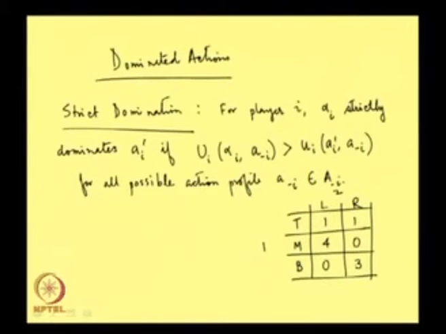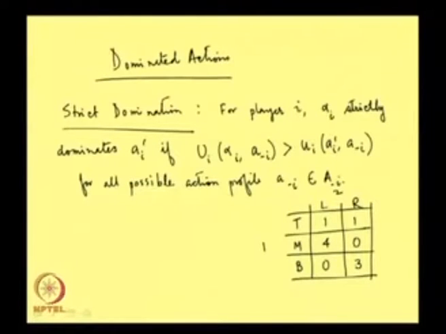Now, if we apply the idea of domination, strict domination, that we discussed before, where no randomization was allowed, then no action of player 1 dominates her other actions. For example, if I compare T and M, if L is played, M is better, but if R is played, T is better.